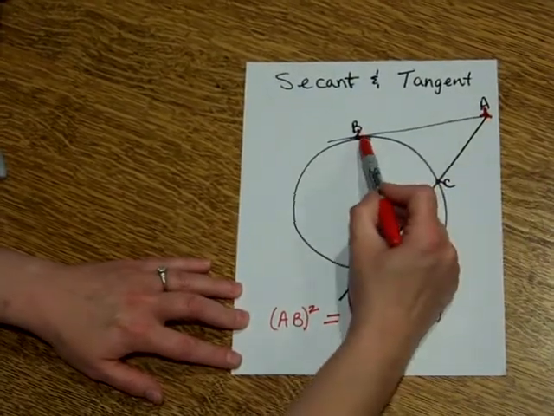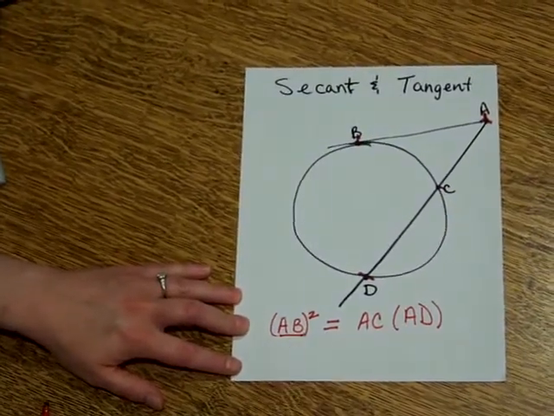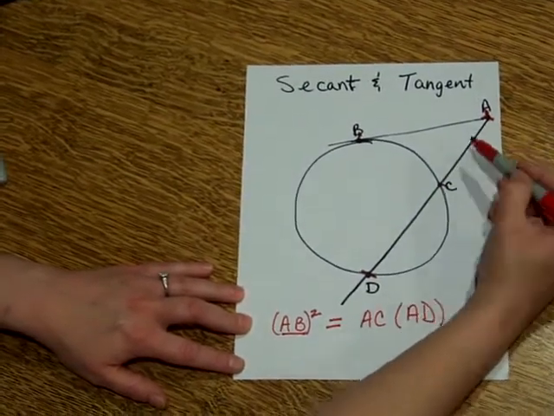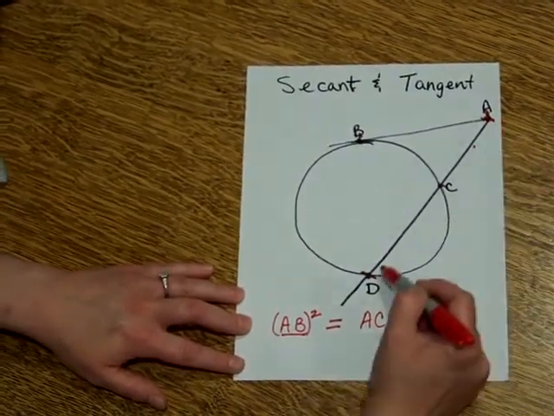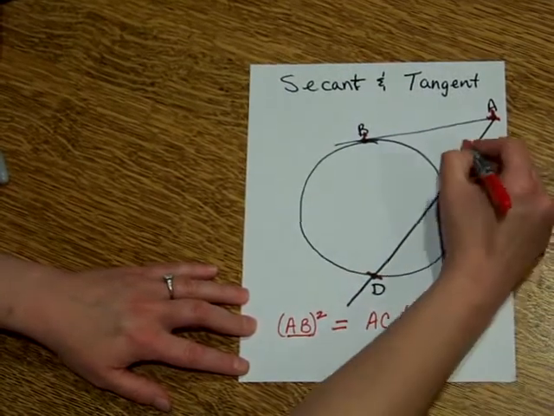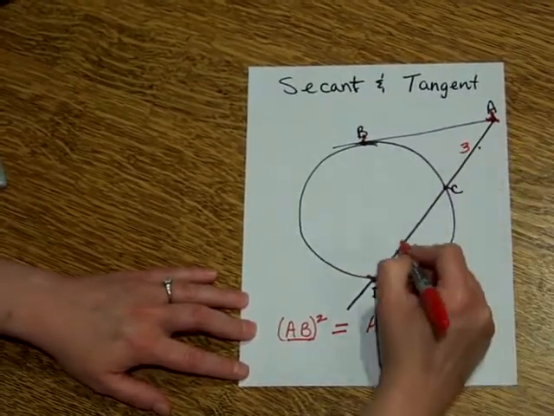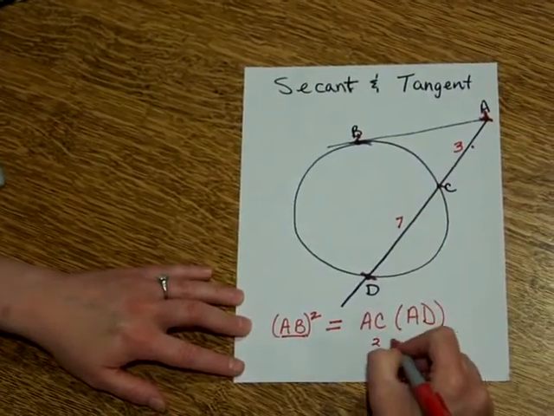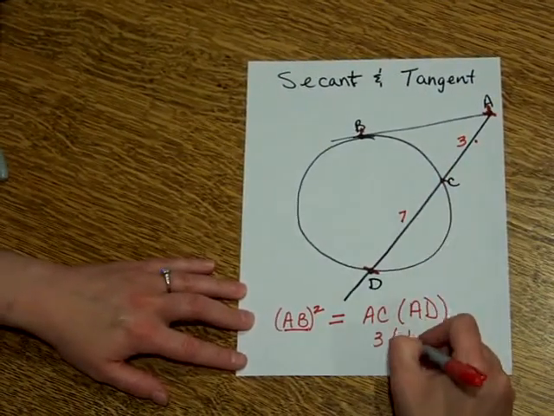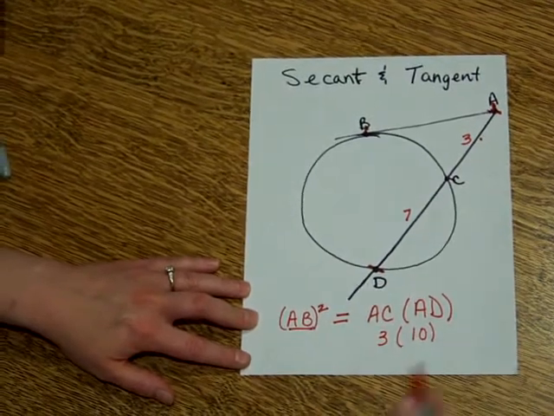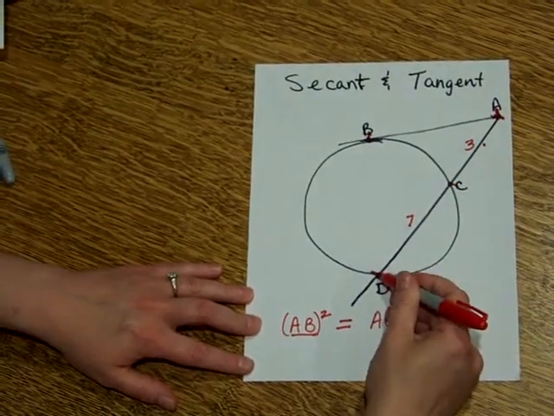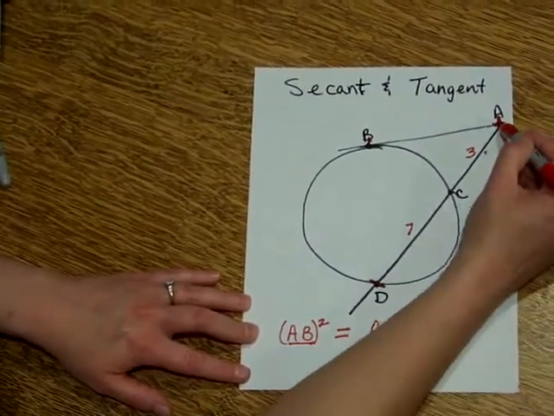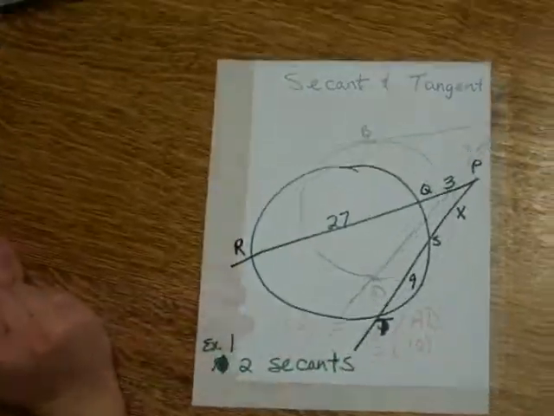AB squared for the tangent is equal to the external segment times the whole segment. Once again, if this were 3 and this were 7, we are multiplying 3 times not 7, but 10. This whole length here, from the farthest intersecting point to the external point.